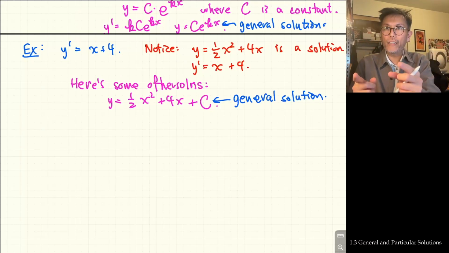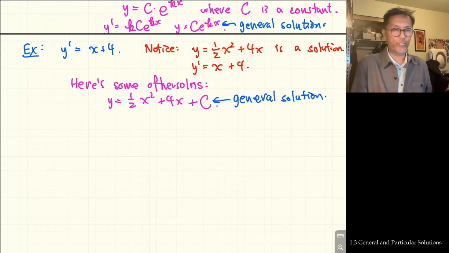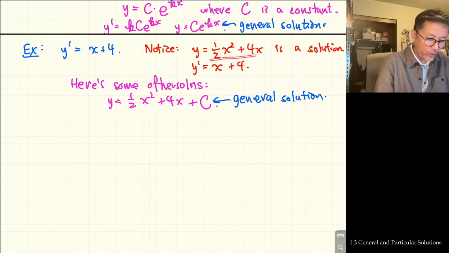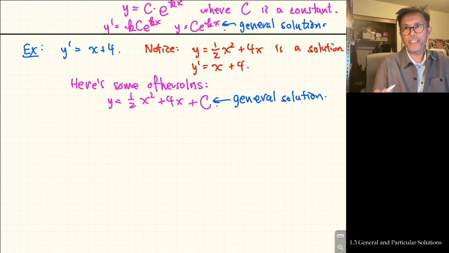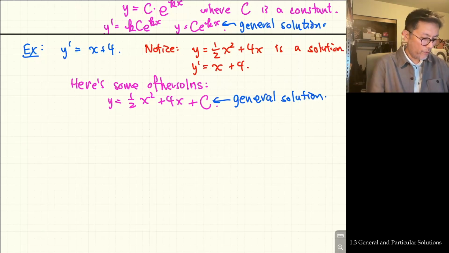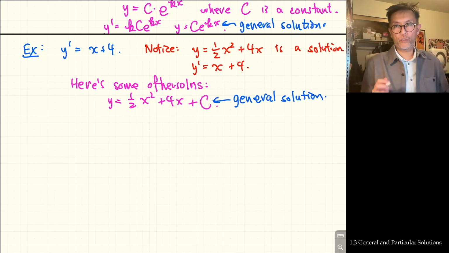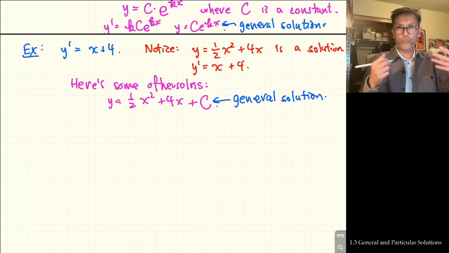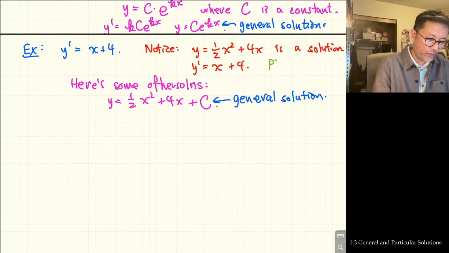Not only that, but again, every solution is of this form. So if we're looking at, for example, this solution, which I'm asserting is a solution, and it is, this corresponds to when the c in the general solution is 0. So in fact, we give a name to solutions like that, which are not the general solution, but nonetheless themselves solutions. We call these particular solutions.